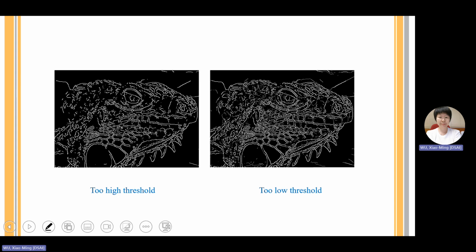As we explained last week, it's difficult to choose an appropriate threshold. If you set the threshold too high, you don't get a full edge. There are many breakups, and you only get discontinuous edges.